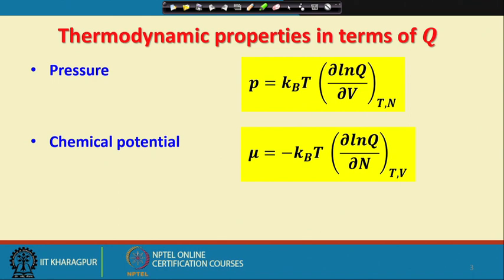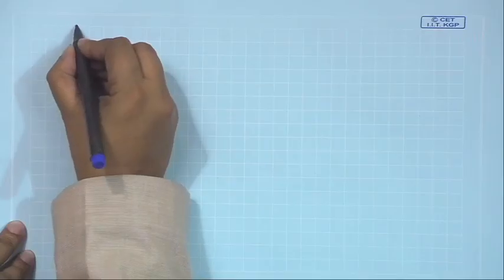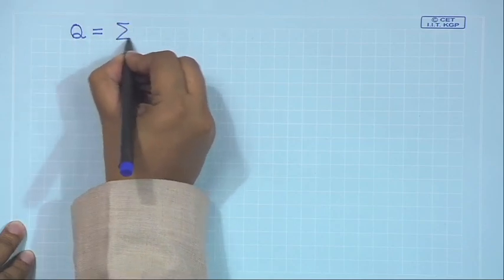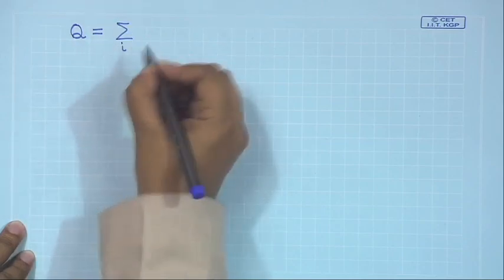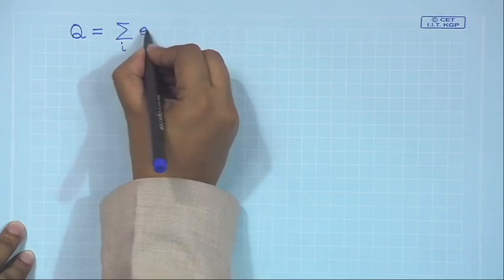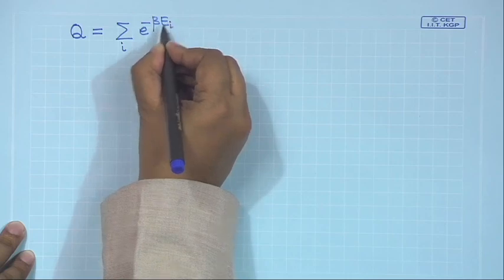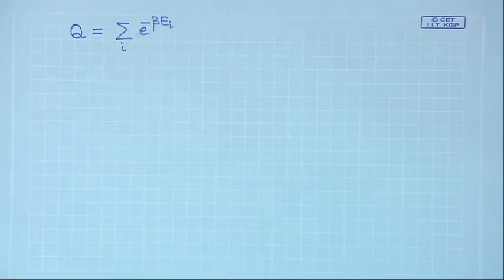And obviously, you understand that for a given system, capital Q is equal to the summation over all possible microscopic states of e to the power of minus beta E i, where E i characterizes the ith microscopic state as given by the solution of the Schrodinger equation.